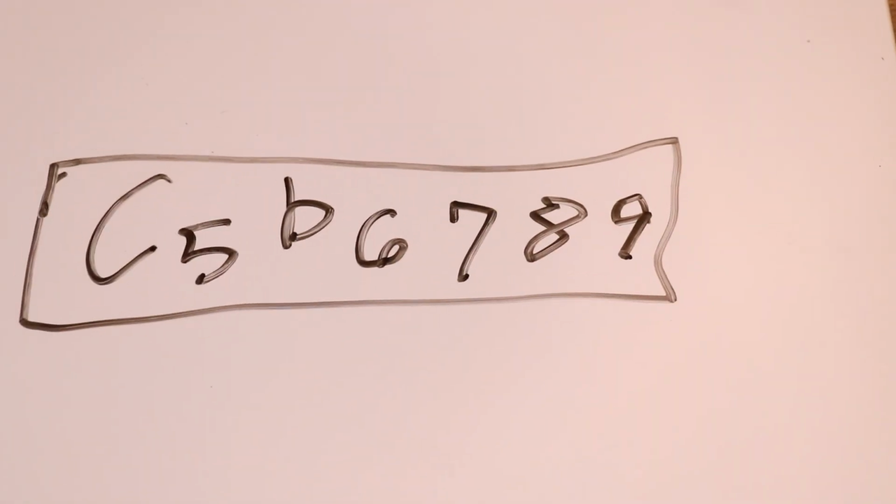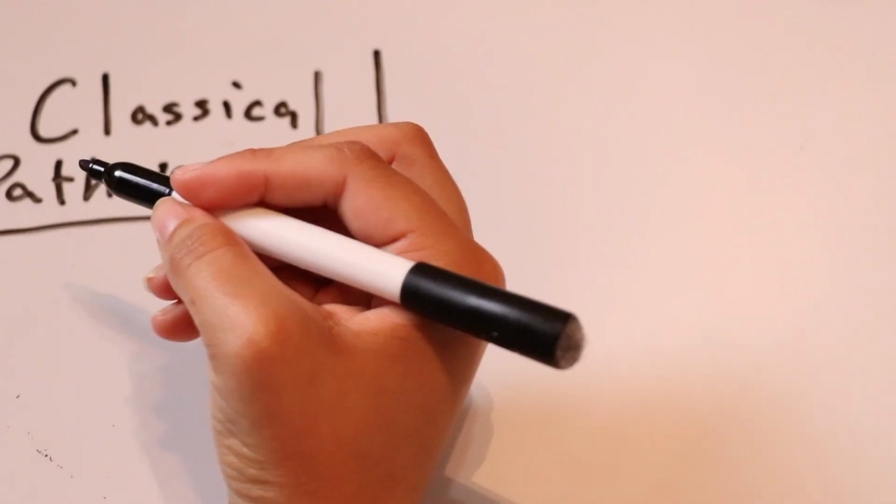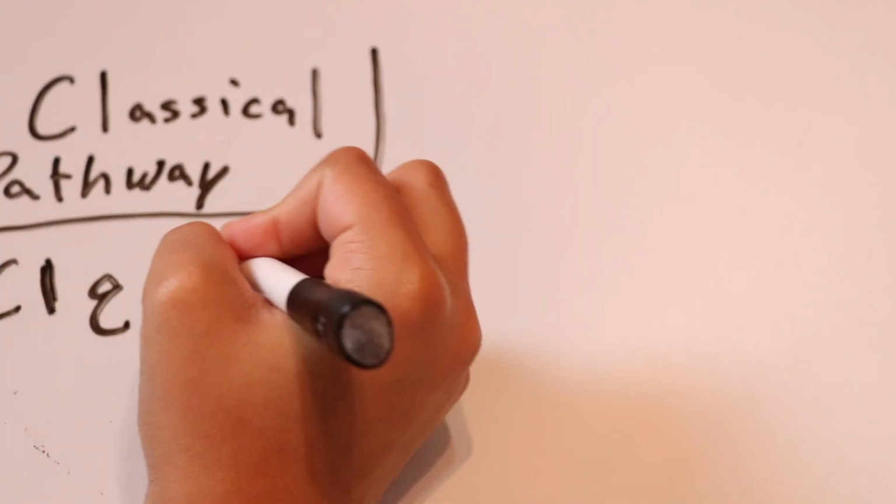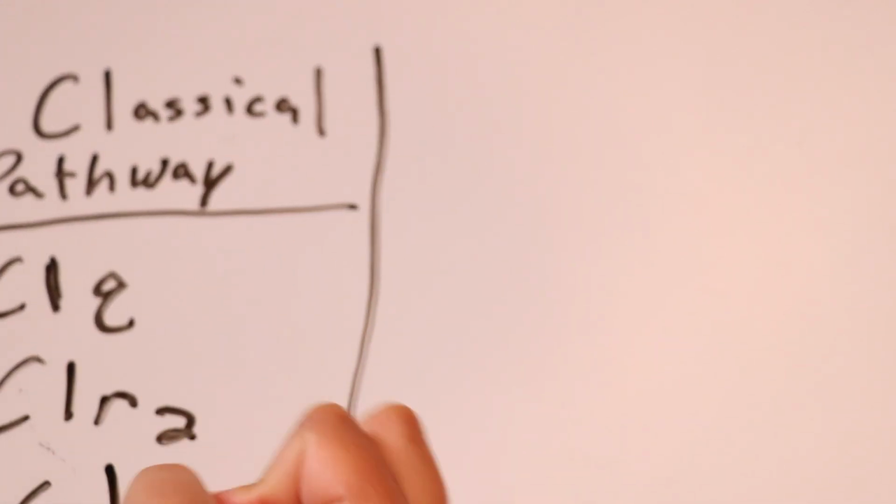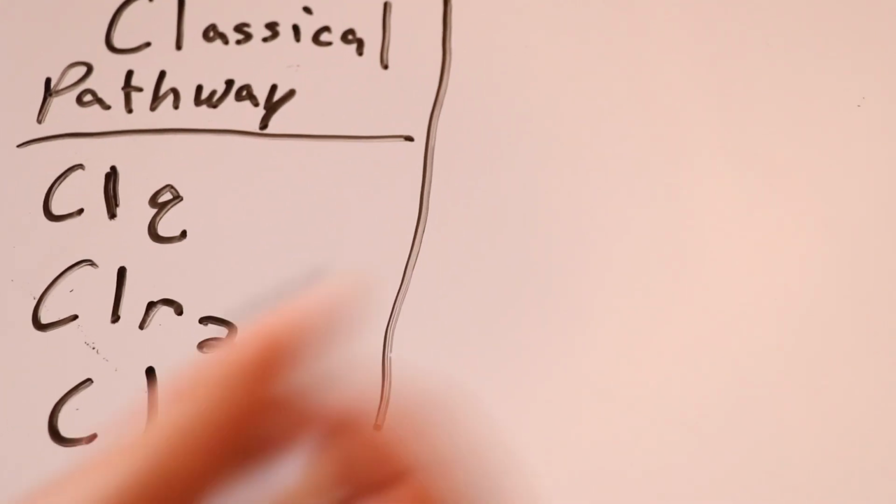So to compare and contrast, the classical pathway has C1Q, C1R, and C1S. Oh, and they could also be C1R2, C1S2.